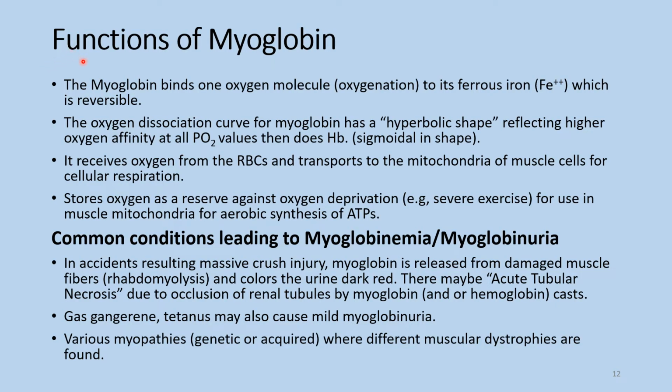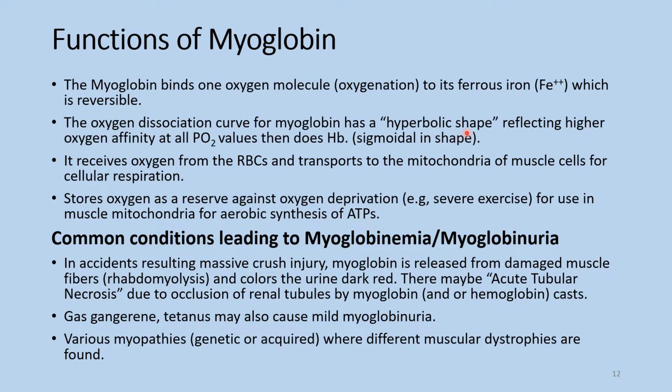Functions of myoglobin. Myoglobin binds one oxygen molecule reversibly, because it is oxygenation, not oxidation. The oxygen dissociation curve for myoglobin has a hyperbolic shape, while in hemoglobin it is sigmoidal in shape.